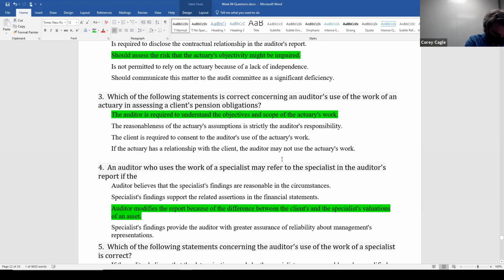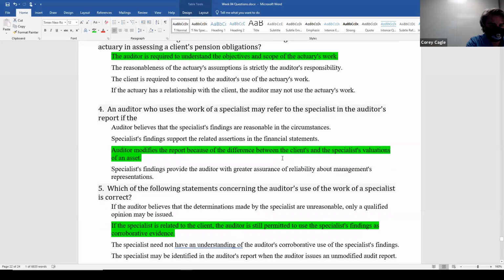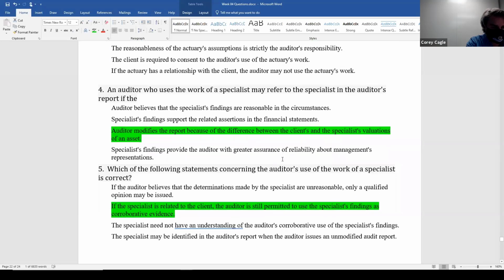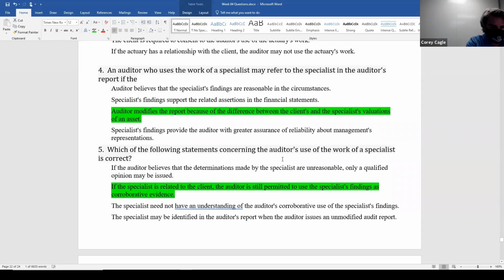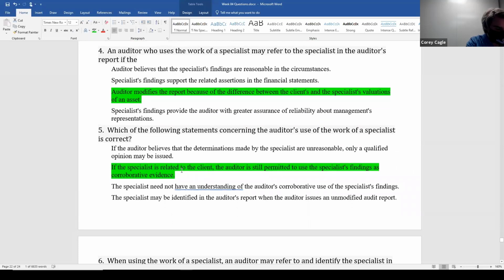Let's see. And 4, it's all straightforward. 4 talks about referring to the specialist in the audit report. 5 gets at that same idea from number 2, that we're still permitted to use their findings as evidence, even though there's not an independent relationship between the two.